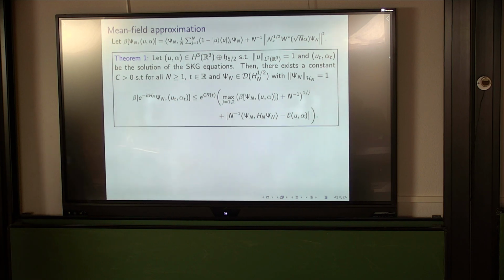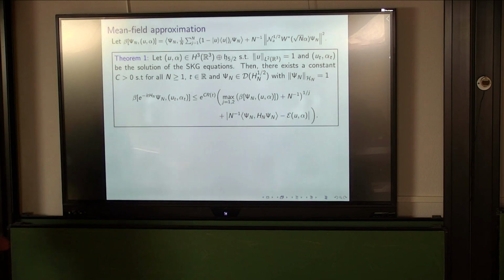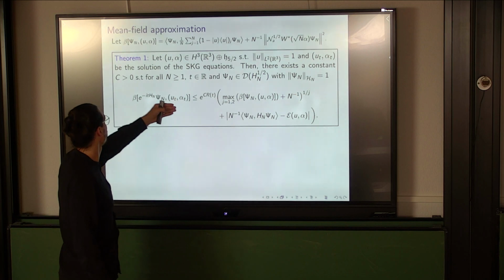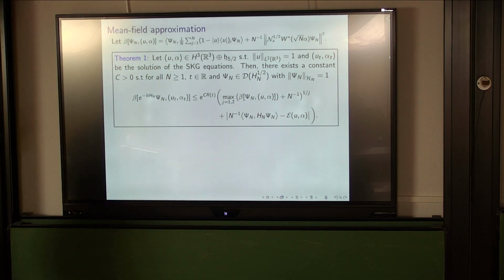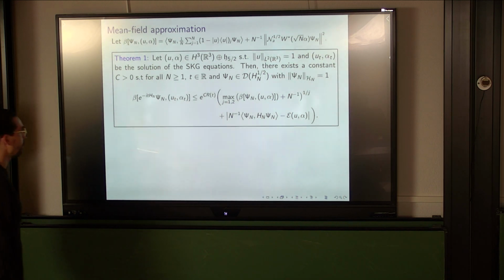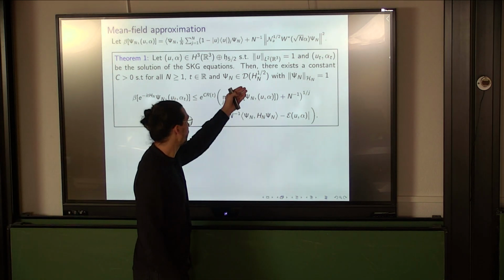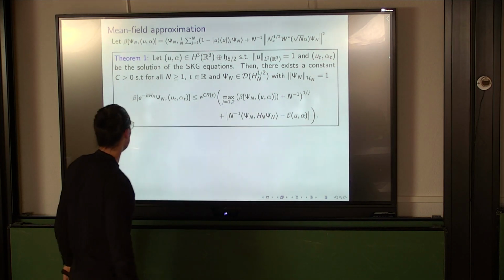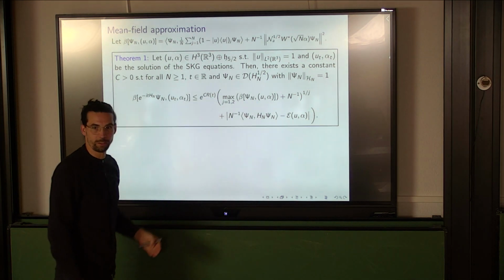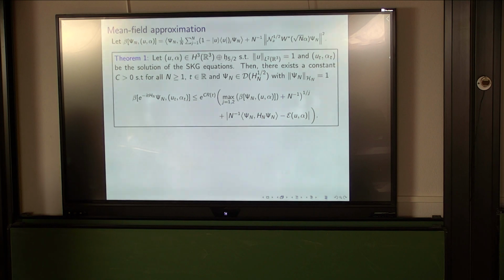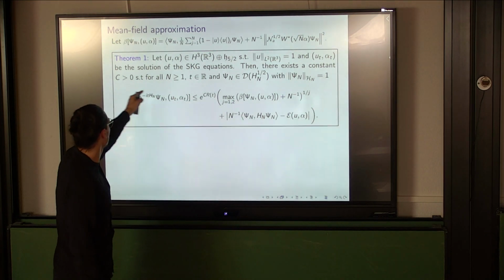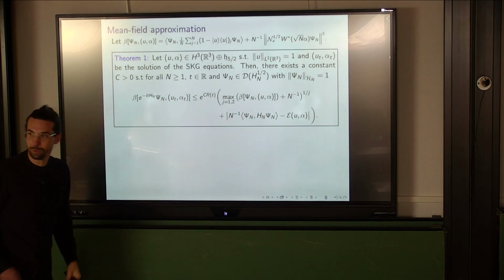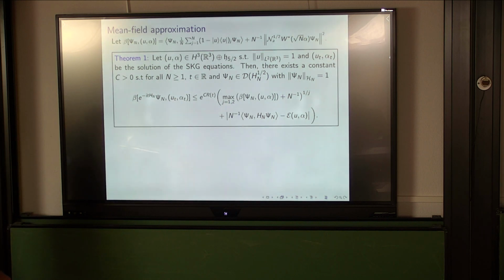Our first result then says: if we look at solutions of the Schrödinger-Klein-Gordon equations with initial data in H3 plus H5, and many body states which are in the form domain of the renormalized Nelson Hamiltonian and which are normalized, then we get this kind of estimate. If we consider initial states such that the right-hand side is small, we see that this functional is also small at later times in the limit n going to infinity.